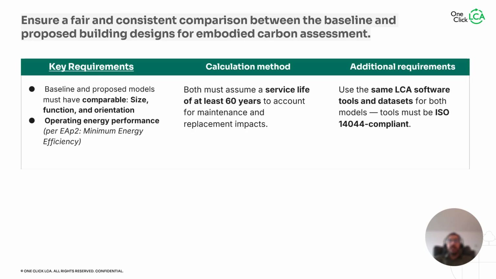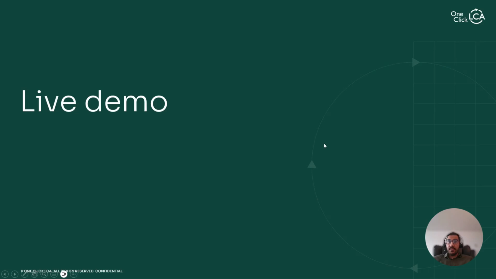Then the lifespan should be the same for both of them, 60 years. And the tool that you're using for developing your baseline, besides the standard, which is ISO in North America, CML in the European side, and the rest of the world. In that case, you need to use the same standard. And as I said, for the baseline creation, you can easily use one of our tools, which is Carbon Designer 3D, and it's going to help you a lot with this step.